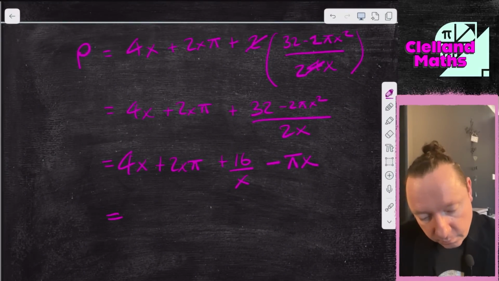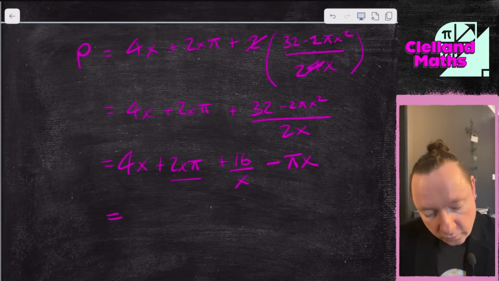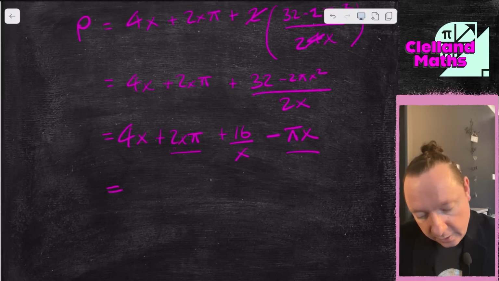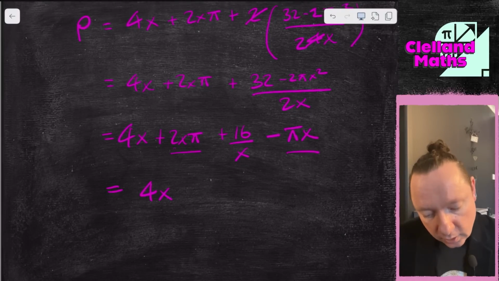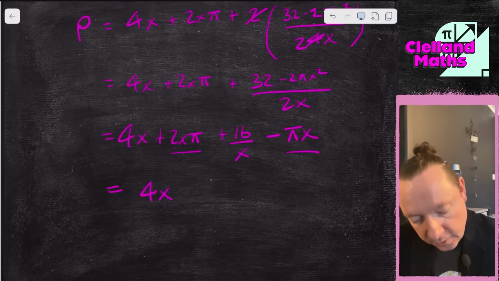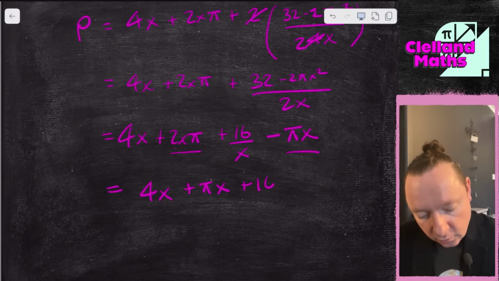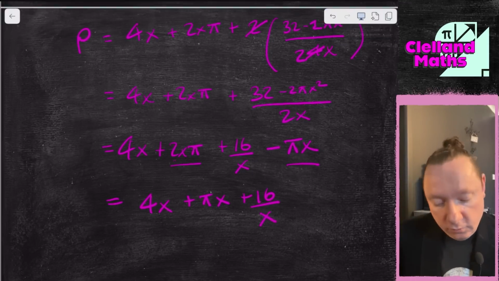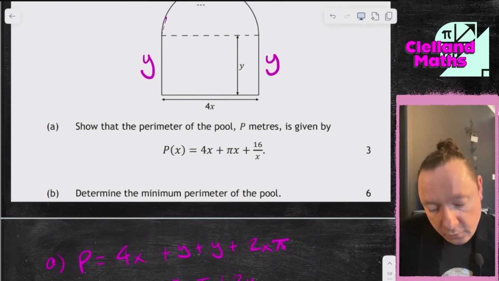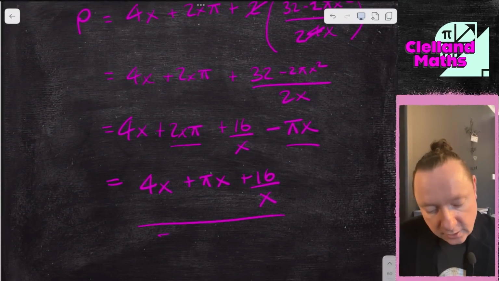So that term goes with this term. That gives me 4x plus pi x, because 2 pi x minus x pi is just x pi. I write it as pi x, so plus 16 over x. And let's just hope that that's what we're looking for. 4x plus pi x plus 16 over x, and we're done there.